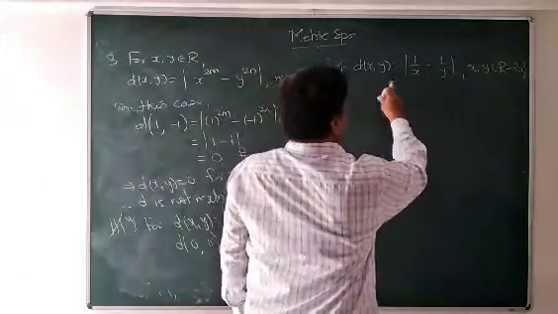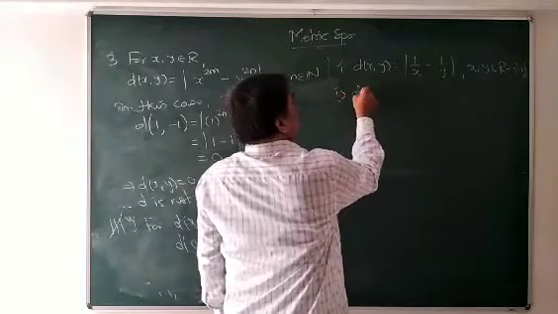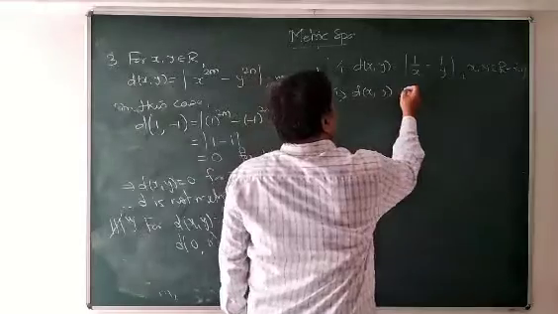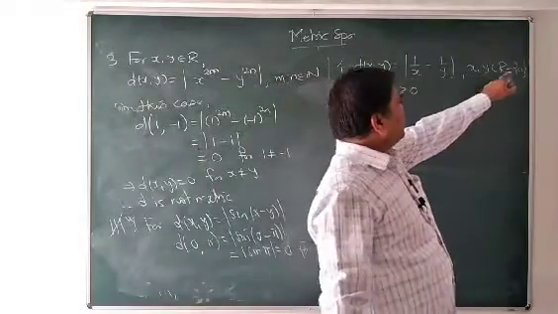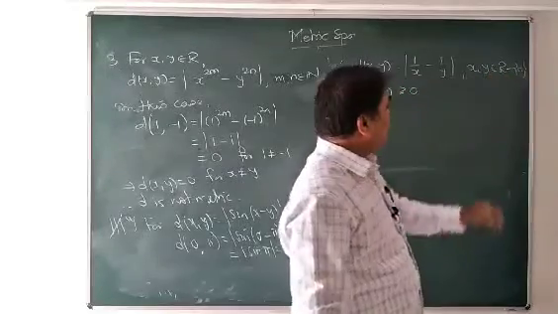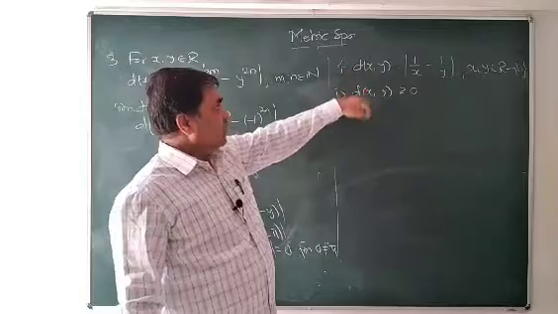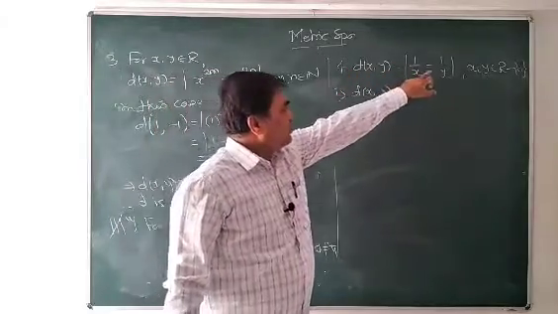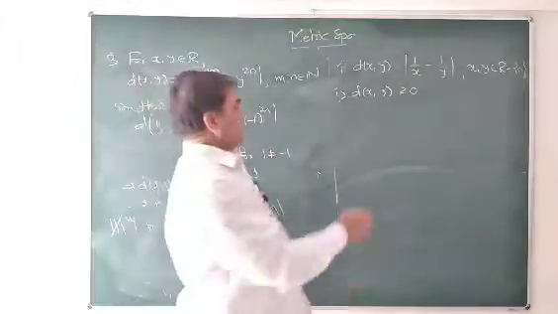So in this case, first, d of xy is greater than or equal to 0, because for x and y non-zero real numbers, 1 by x and 1 by y are non-zero real numbers again, and the distance between them is always a non-negative number.